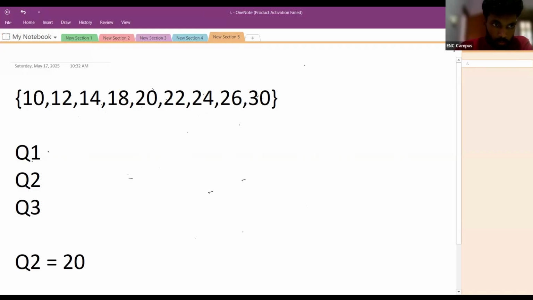First we have the first quartile, second quartile, and the third quartile. First quartile means, if our numbers are odd, n is odd, we need to divide it into 4.